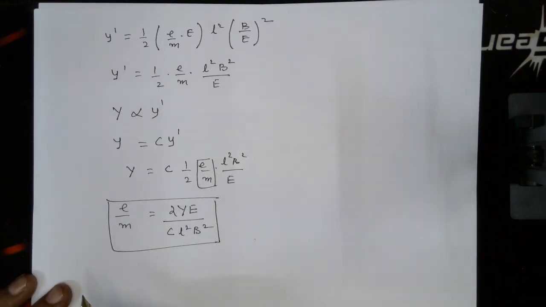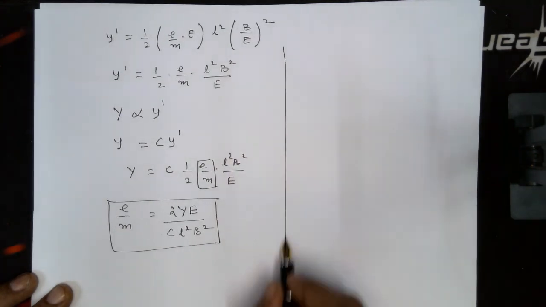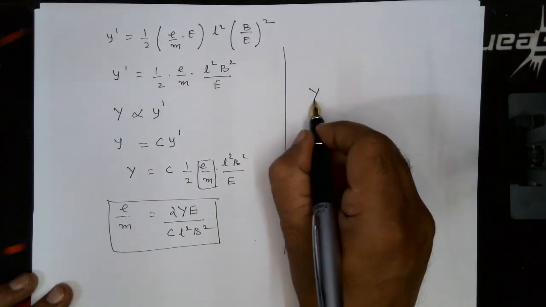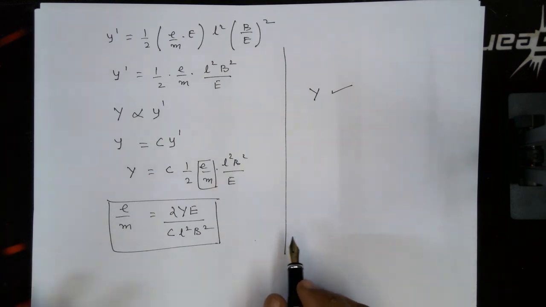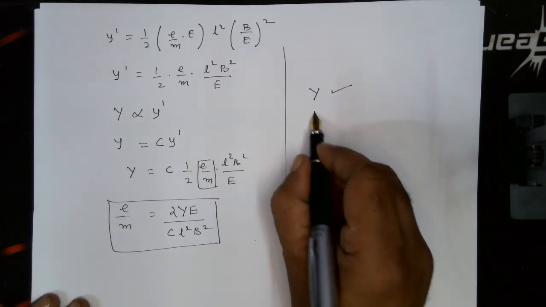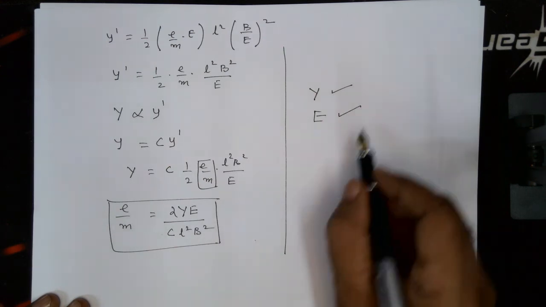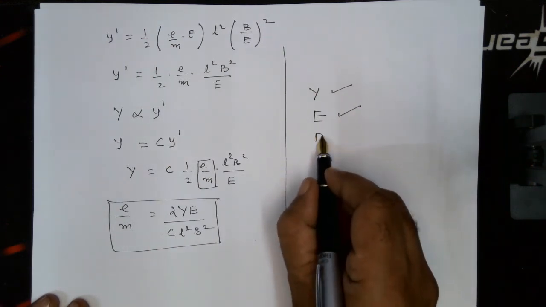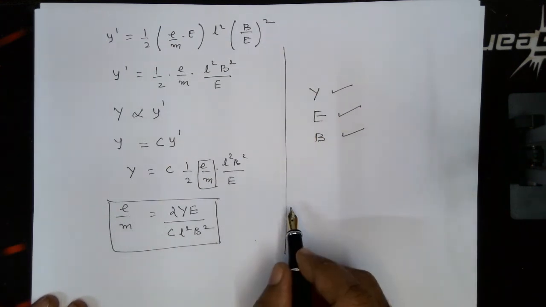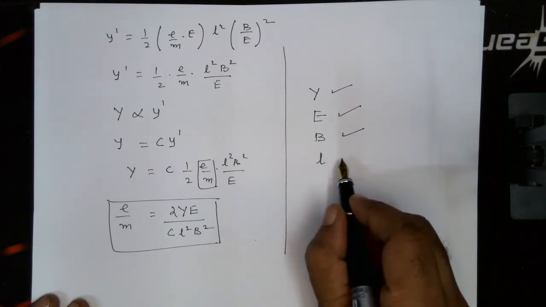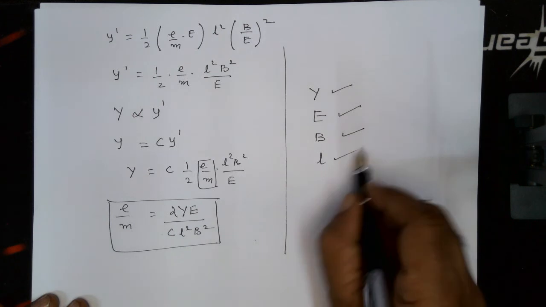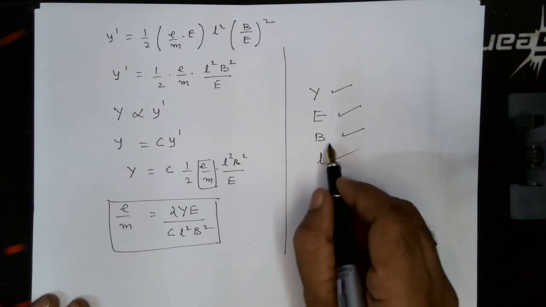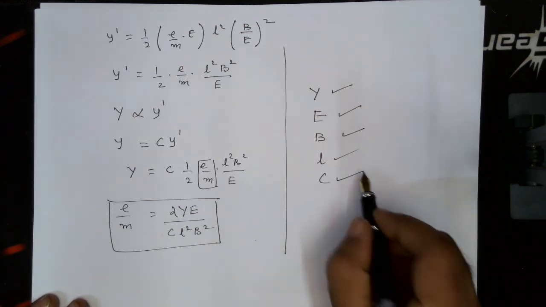Now y is the experimental value, that is the displacement noticed on the screen. E is the electric field, that is the applied one. B is the magnetic field, and L is the experimental value, that is the length of the plate. C is the proportionality constant.